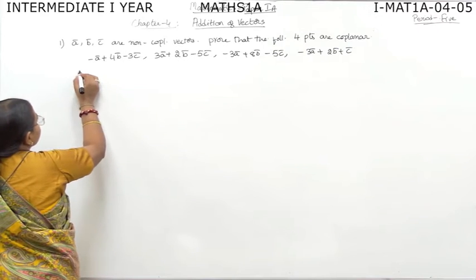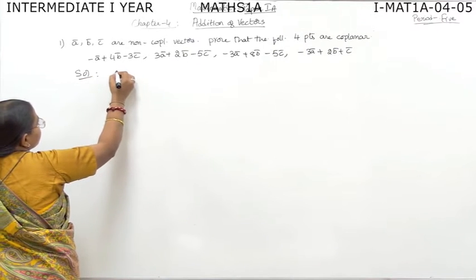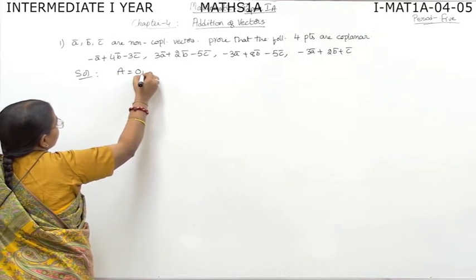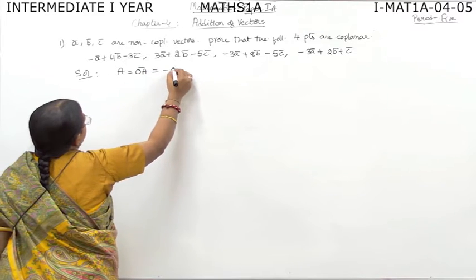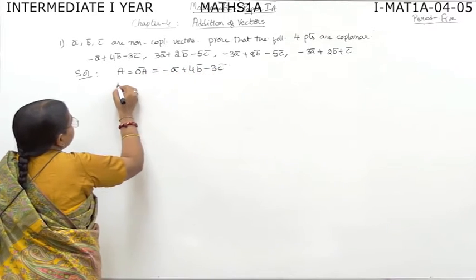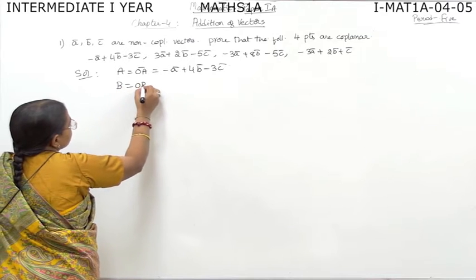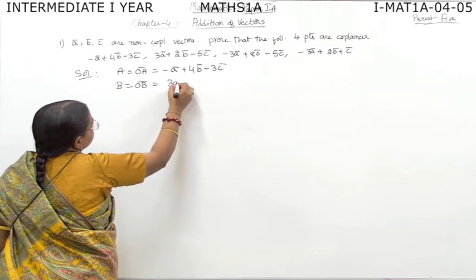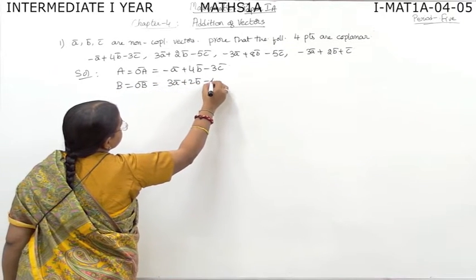So what are the 3 vectors here? First take the points as A, that is OA. OA is equal to minus A plus 4B minus 3C. And then OB is equal to 3A plus 2B minus 5C.